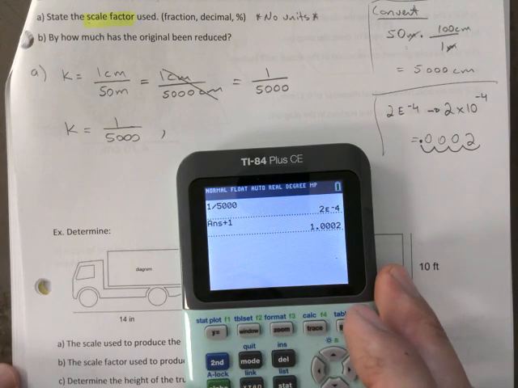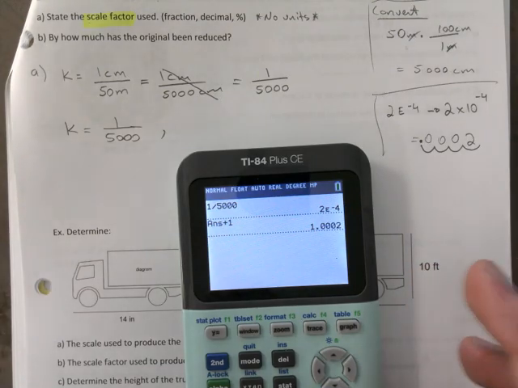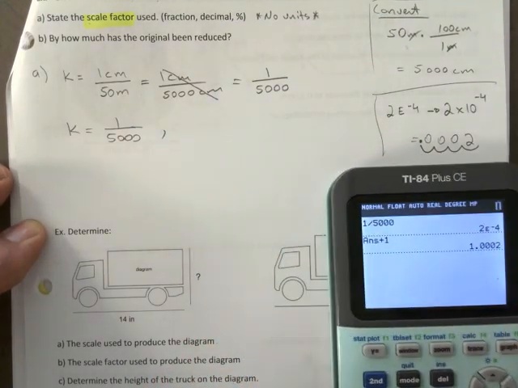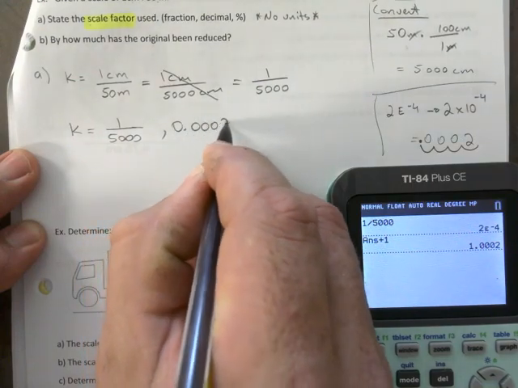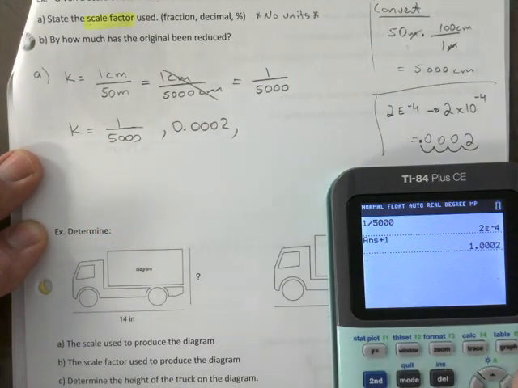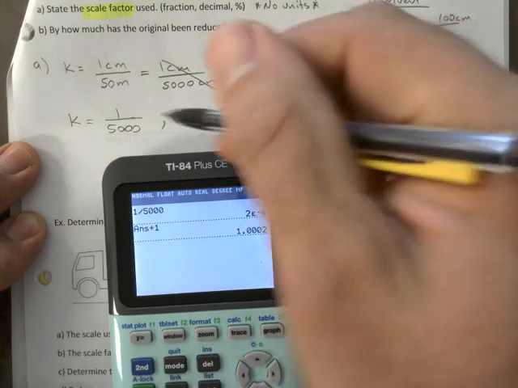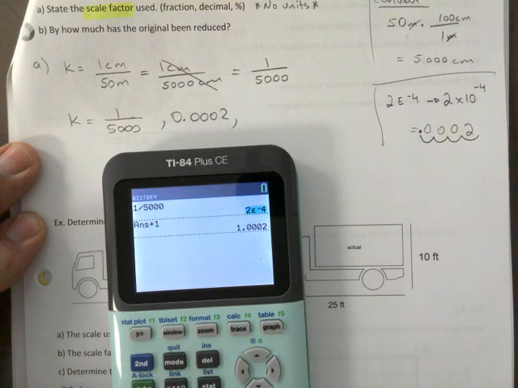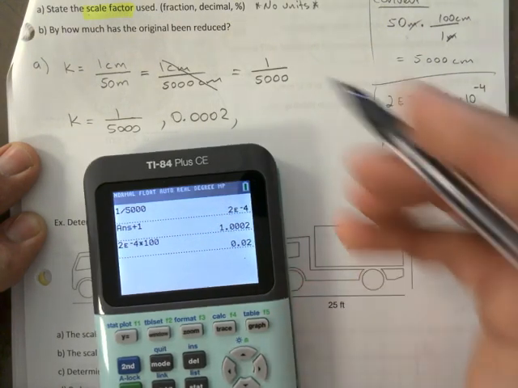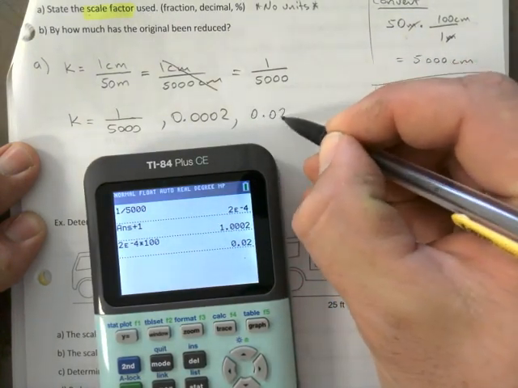That's just a trick. So we know this is 0.0002 now. It's finite, so I want you to have all decimals there. And percent, I can just take that answer that I had up here and just multiply that by 100. And there we go, 0.02%.